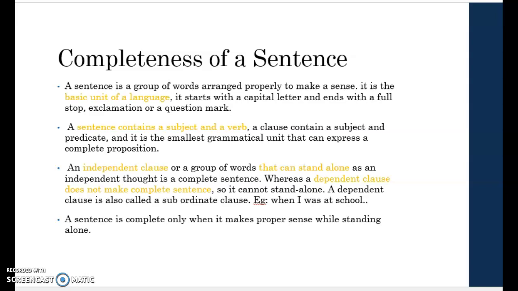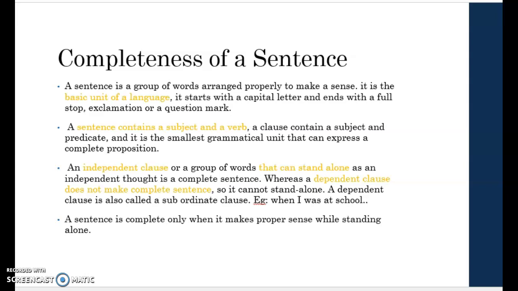So over here, Jane went to the park is an independent clause, which means this particular group of words can stand on its own.